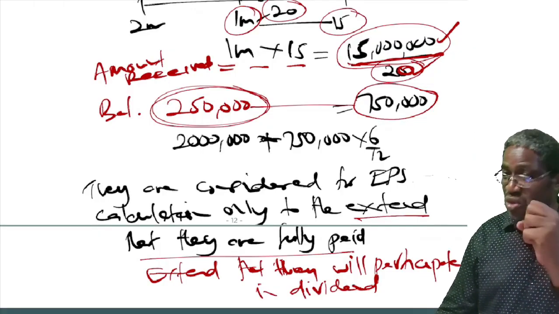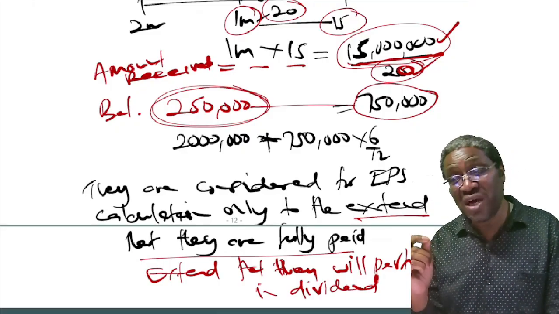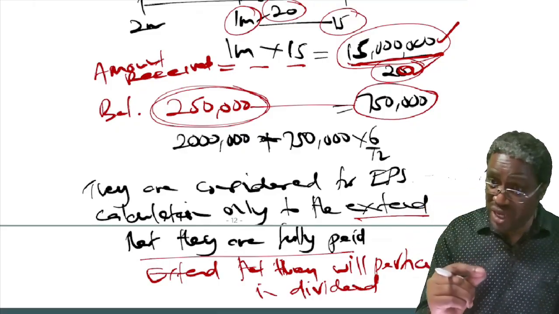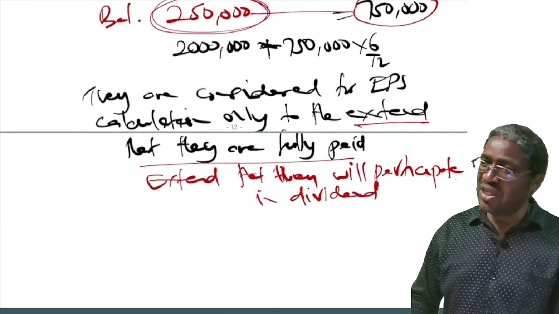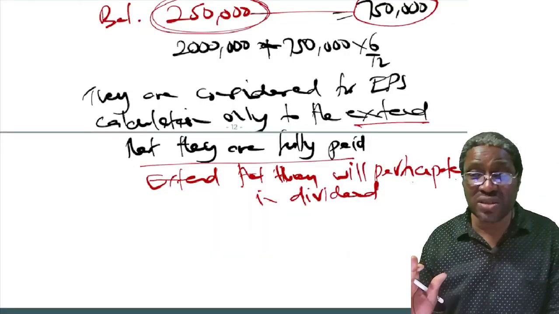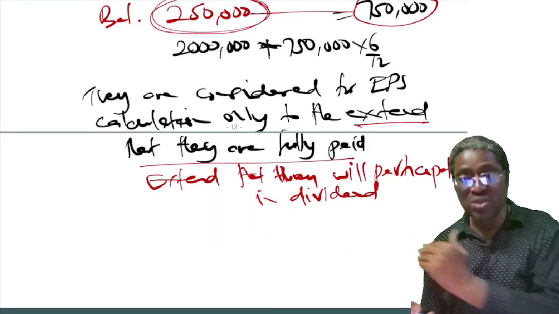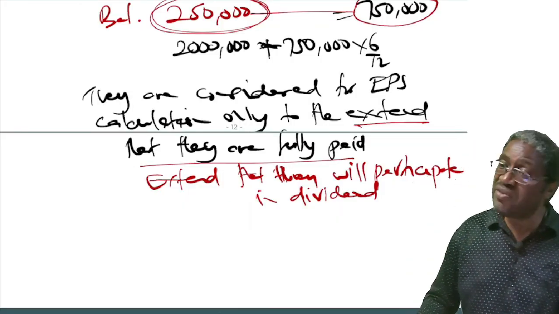Good. So 750,000 are considered to be fully paid, or in other words, 750,000 are the ones that will participate in dividend come the end of this year. The other 250,000 will participate in the following year when we receive the money.